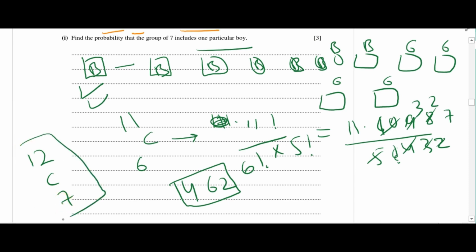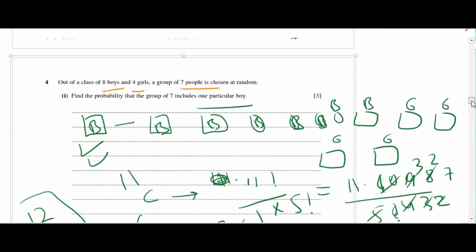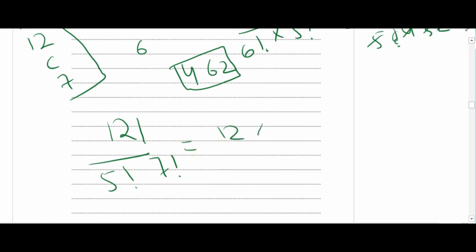The next thing is, since we have to find the probability, we have to find the total number of events. For the total number of events, we have to choose from the total students, that is 12C7. That would become 12 factorial upon 5 factorial and 7 factorial.